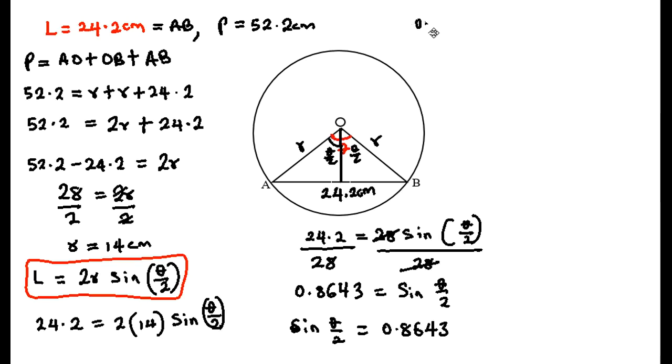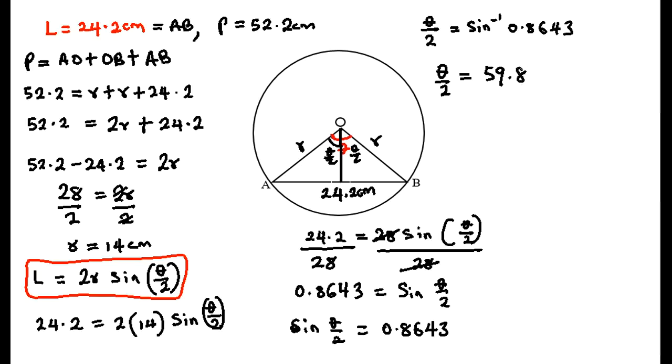To get theta over 2, it equals the sine inverse of 0.8643. So what is the sine inverse of 0.8643? That's 59.8 approximately.